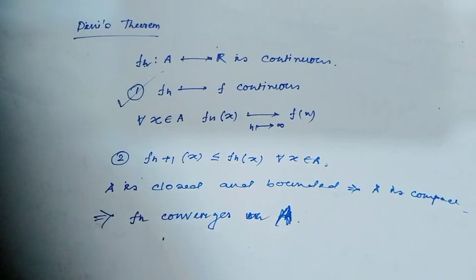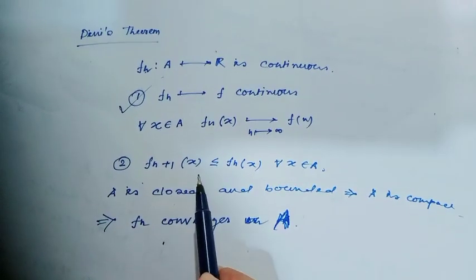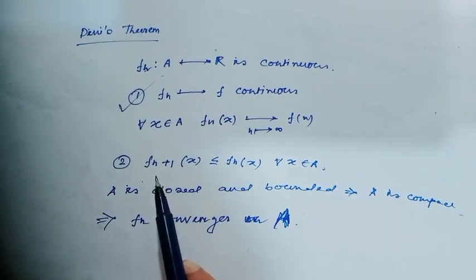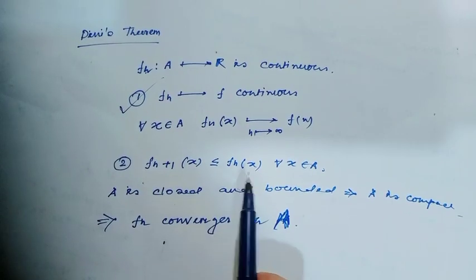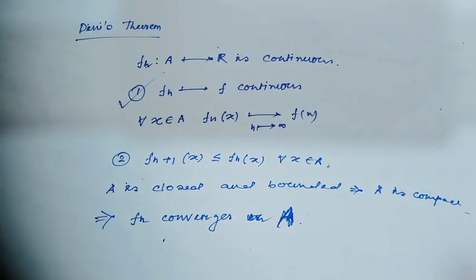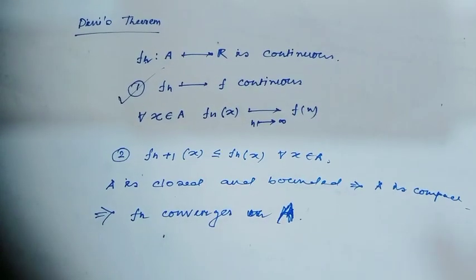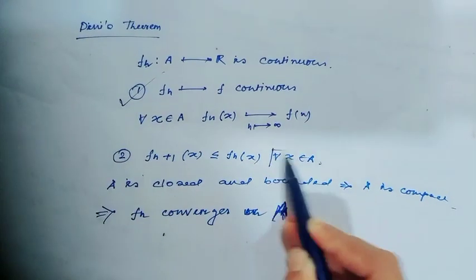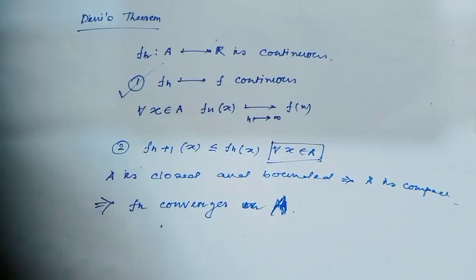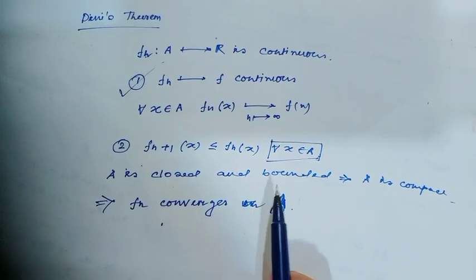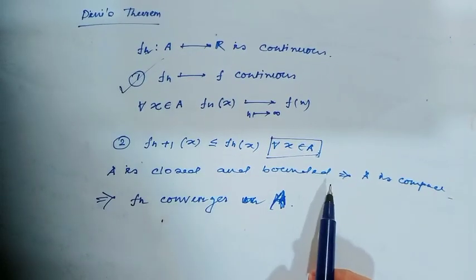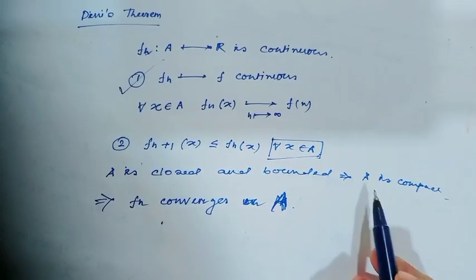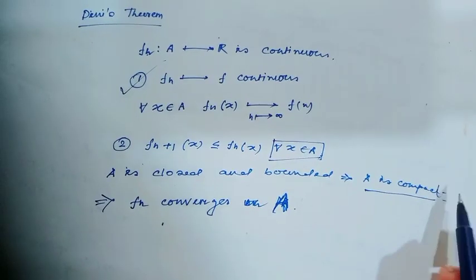Second, either Fn+1(x) is less than or equal to Fn(x), or Fn+1(x) is greater than or equal to Fn(x). That means the sequence of functions is increasing or decreasing, and this is true for all x belonging to A, where A is obviously a closed and bounded set, meaning the set A is compact.